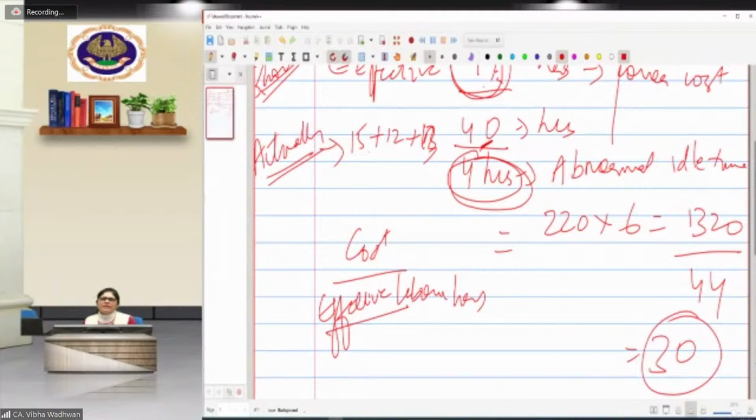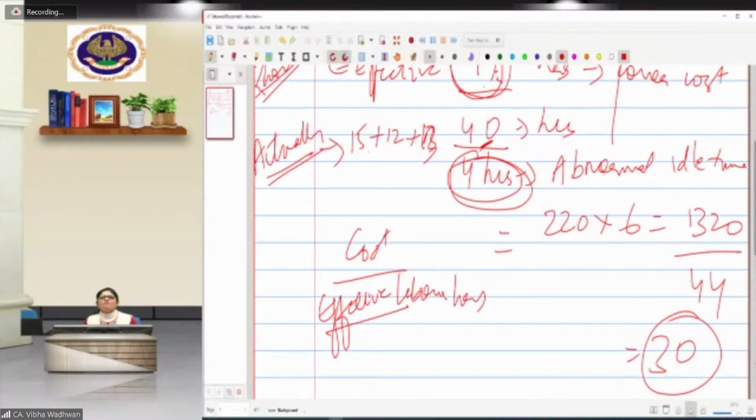Why don't we take abnormal? There's a logic behind it. Let us say this time abnormal idle time happened of 4 hours. Next time it won't happen. Or let us say the next time abnormal idle time has decreased from 4 to 3. So every time abnormal idle time will be different. But the normal idle time generally remains the same. So in every process, every week, the normal idle time is the same.